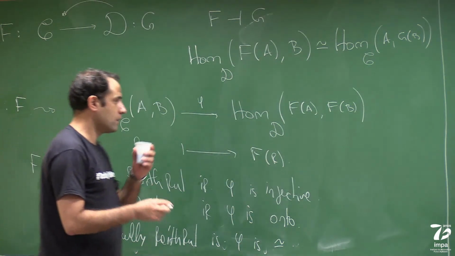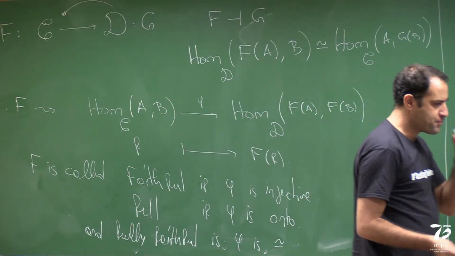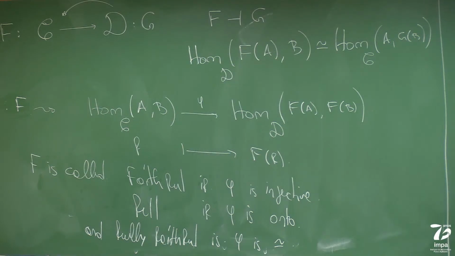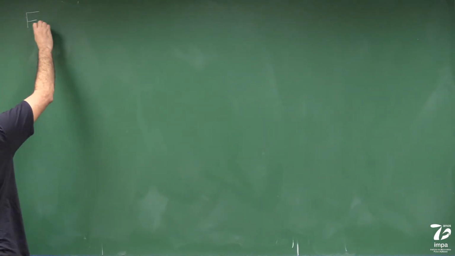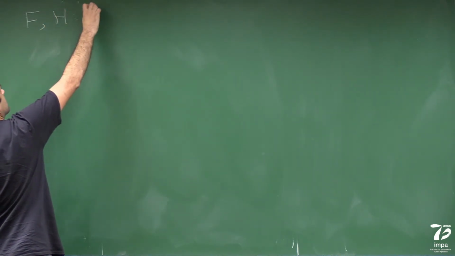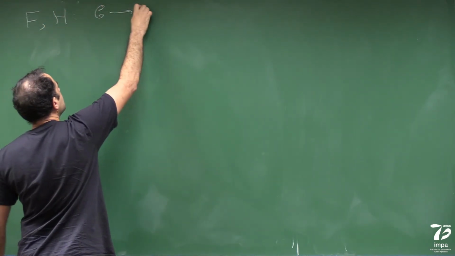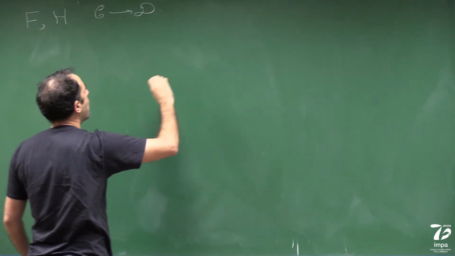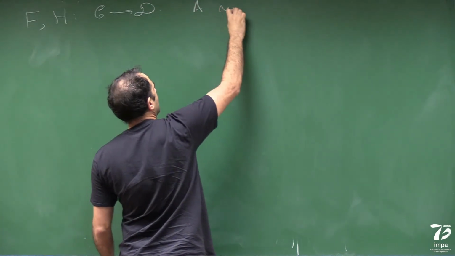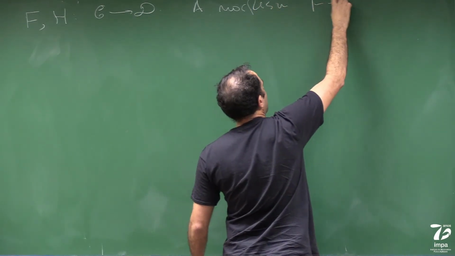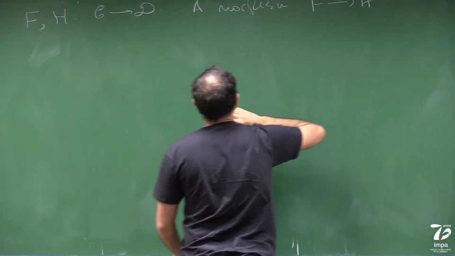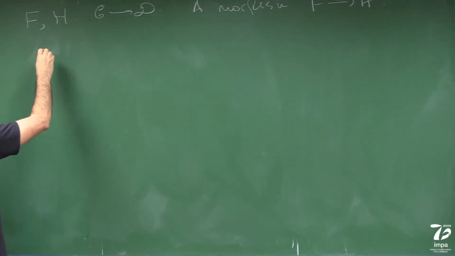Now, remember that if I have two functors, let's say F and H are two functors between these categories C and D, then a morphism from F to H is a natural transformation.